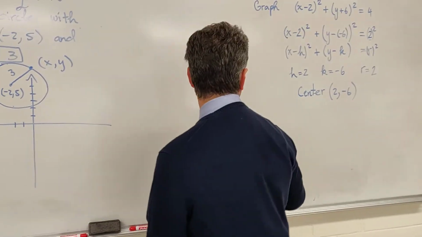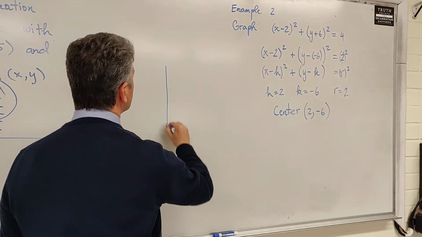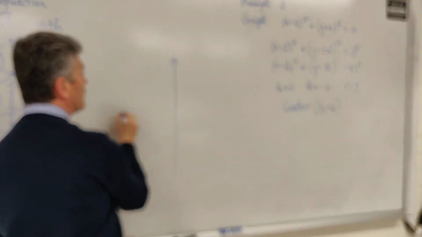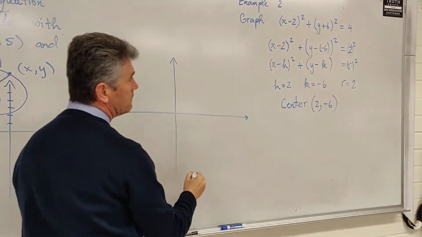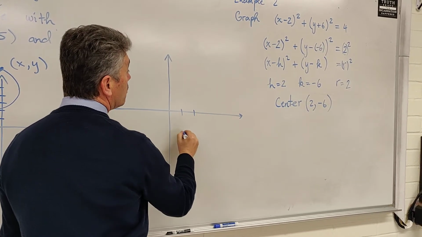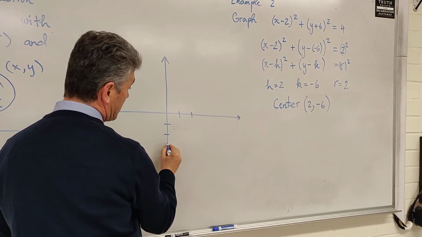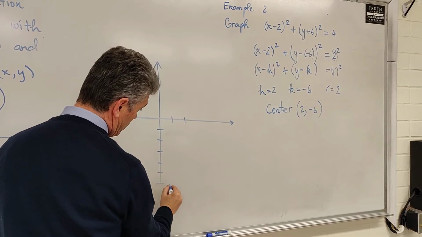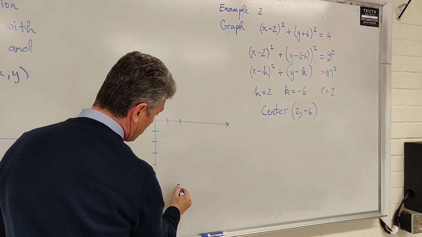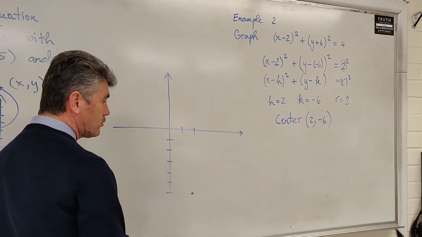We draw the y-axis, we draw the x-axis, we plot the center, and then we draw the circle. We go 2 to the right, we go 6 down, and we plot the center. The radius is 2.